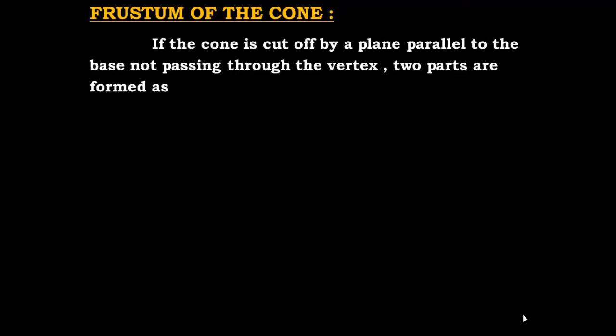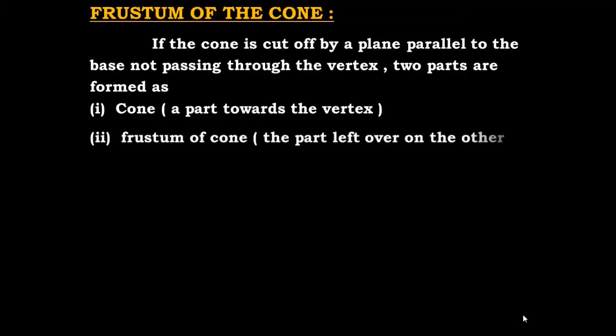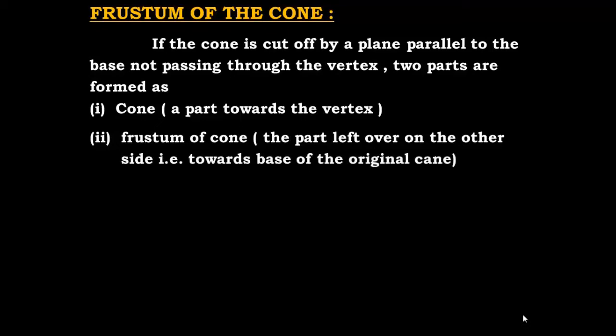One part, towards the vertex, that means the upper part, is known as a cone, and the remaining part, the part which is left over on the other side towards the base of the original cone, is known as the frustum of the cone. That means if the cone is cut parallel to the base, you will get the upper part a cone and the lower part is known as the frustum of a cone.